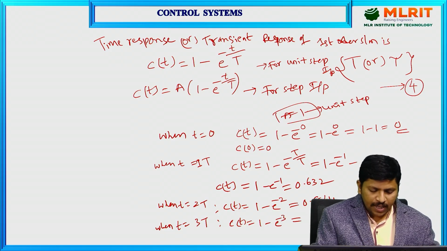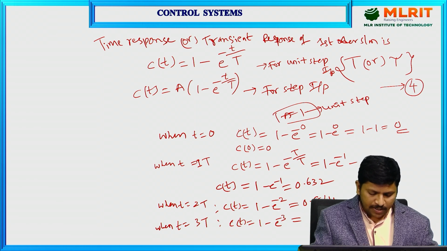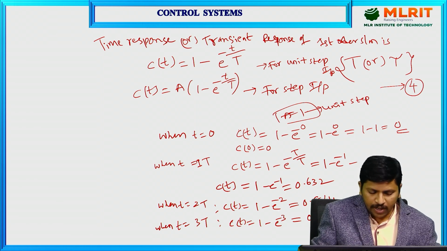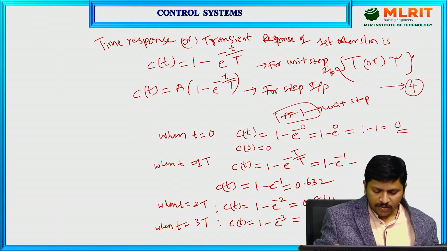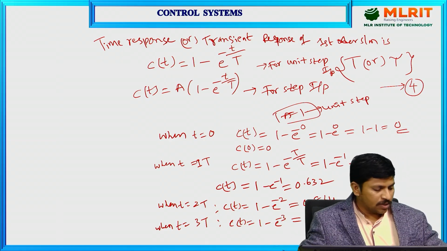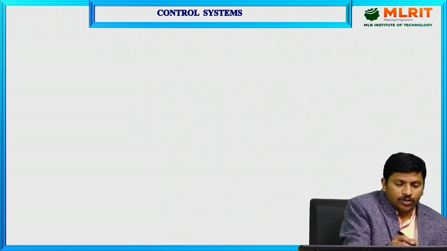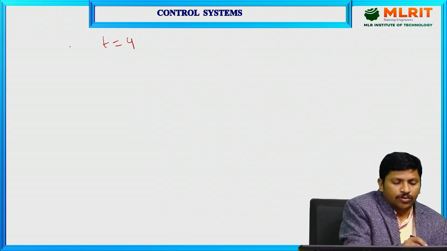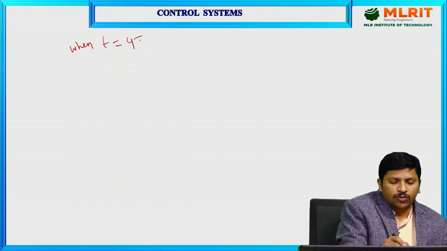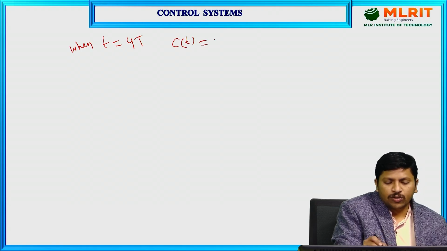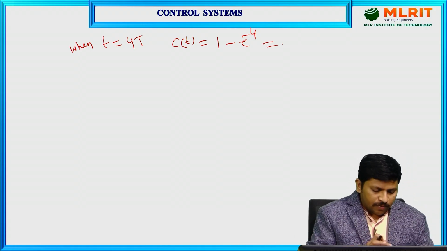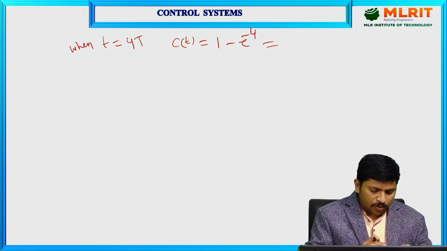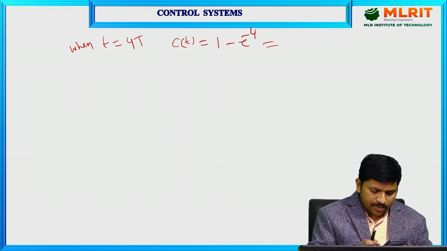Just take the calculator, e power of minus 3. 1 minus e power of minus 3 equals 0.9502, or else 0.95. Next, consider t equals 4T. When t equals 4T, C of t equals 1 minus e power of minus 4.